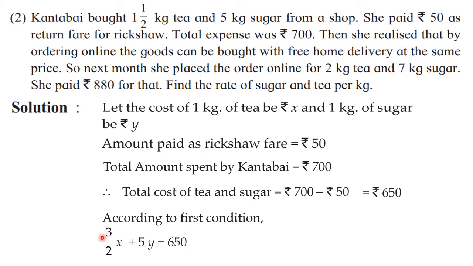This is weight into cost, so that is amount. But here again the fraction appears, and we don't want this 2 in the denominator. So let us multiply both sides by 2, so that we get a simple equation. When we multiply by 2, we get 3x plus 10y is equal to 1300.